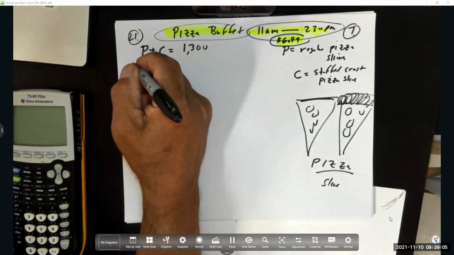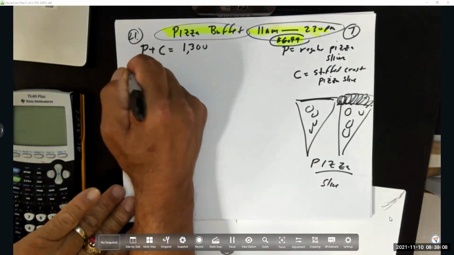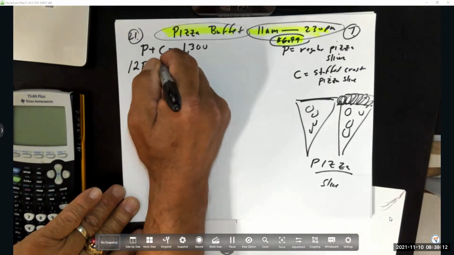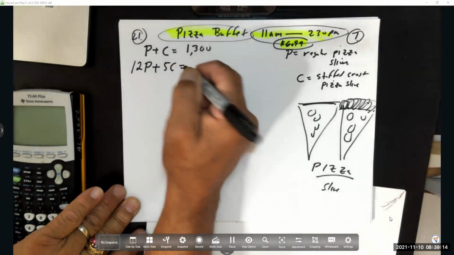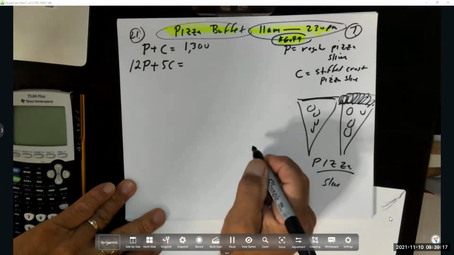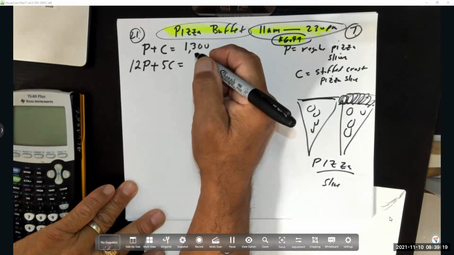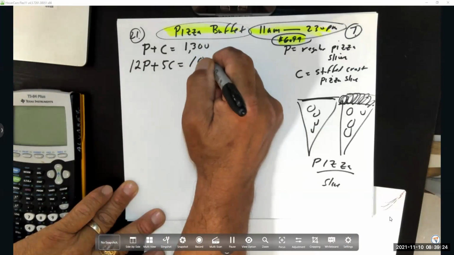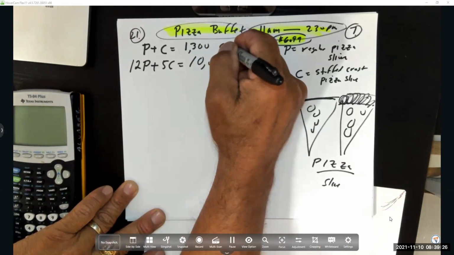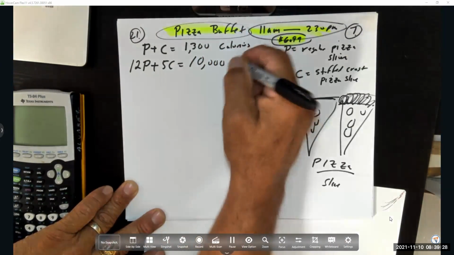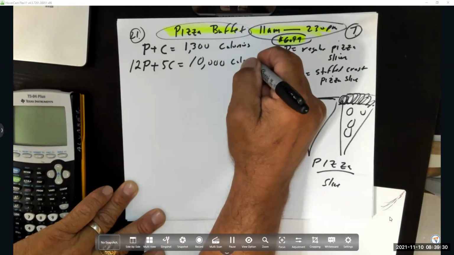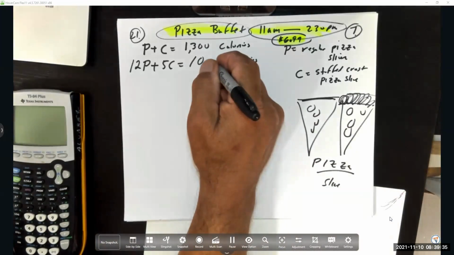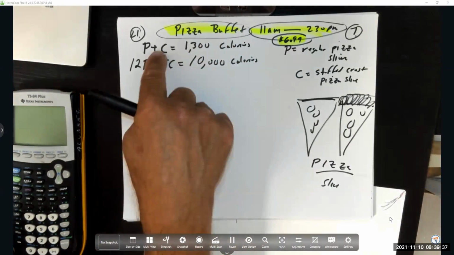So this is what I'm gonna do. I'm gonna have 12 slices of regular pizza, and maybe 5 slices of stuffed crust pizza. How's that? I think that sounds good. And that's gonna be around 10,000 calories this way, 1,300 calories that way.